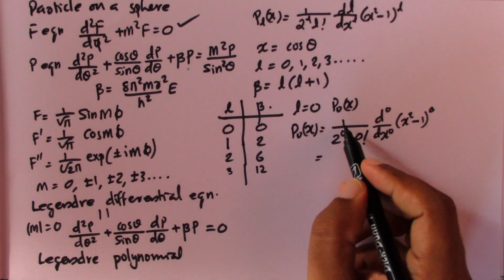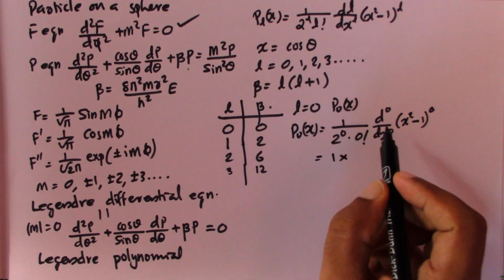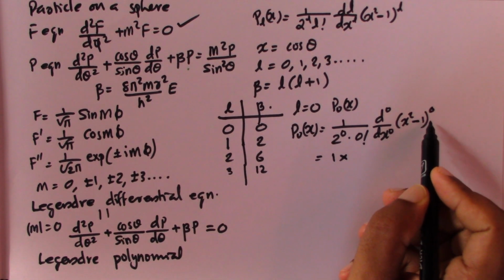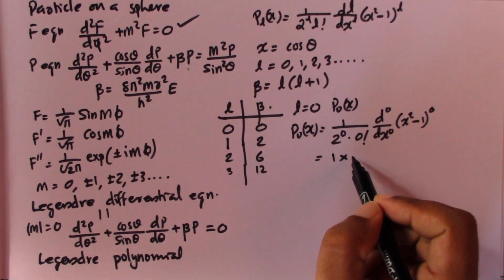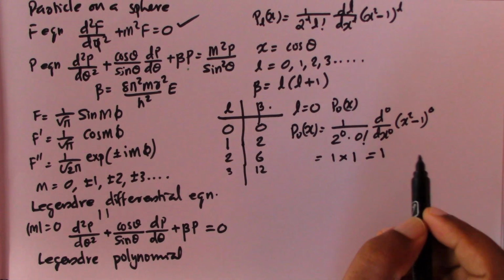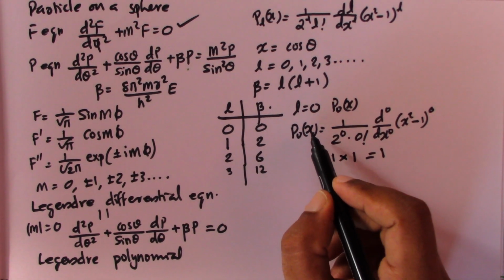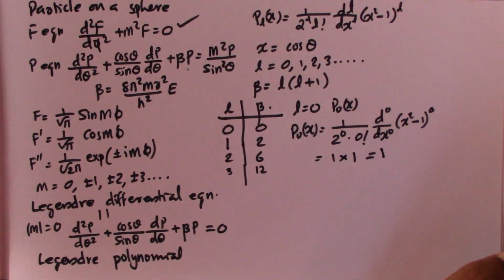So this is 1 by 2 raised to 0, 0 factorial, that is equal to 1, into d raised to 0 by dx raised to 0 of (x square minus 1) raised to 0. (x square minus 1) raised to 0 is equal to 1. Therefore, this is also equal to 1. So P0(x) is equal to 1, or P0(cos theta), since x is nothing but cos theta, is equal to 1.